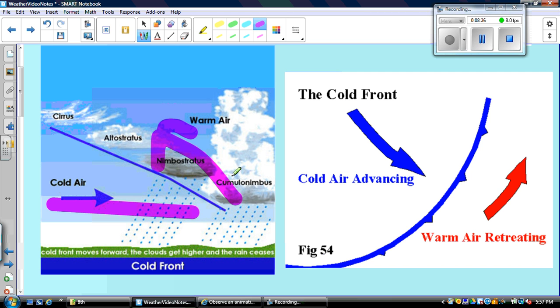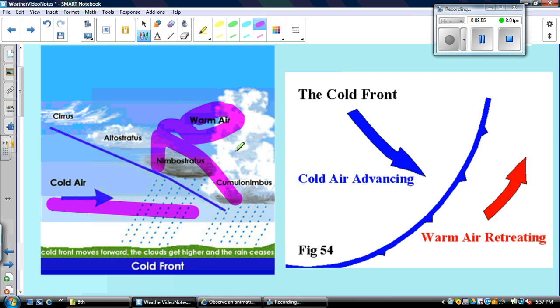When that happens, when you have warm air rising, you are going to get stormy weather. You're going to get precipitation. Whenever warm air rises, clouds are going to form, and depending on how much water vapor is in the air, that's going to determine whether there's thunderstorms or not.